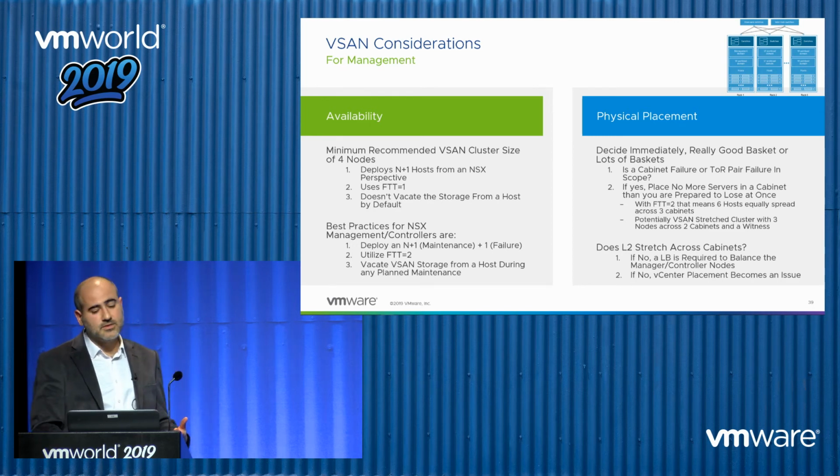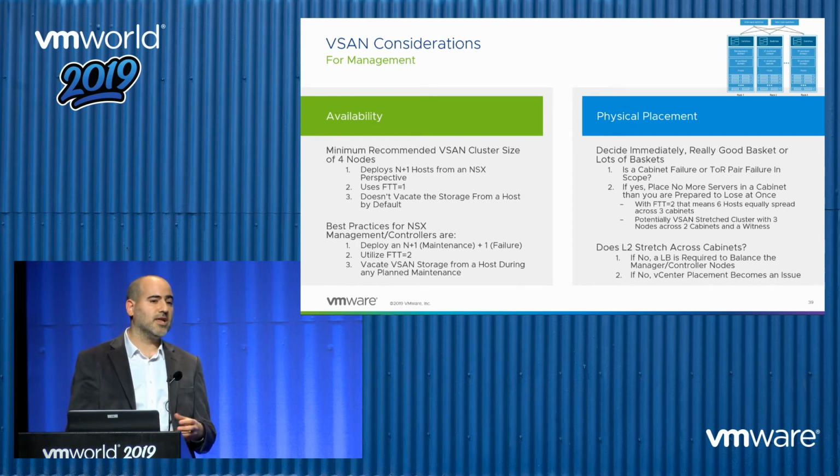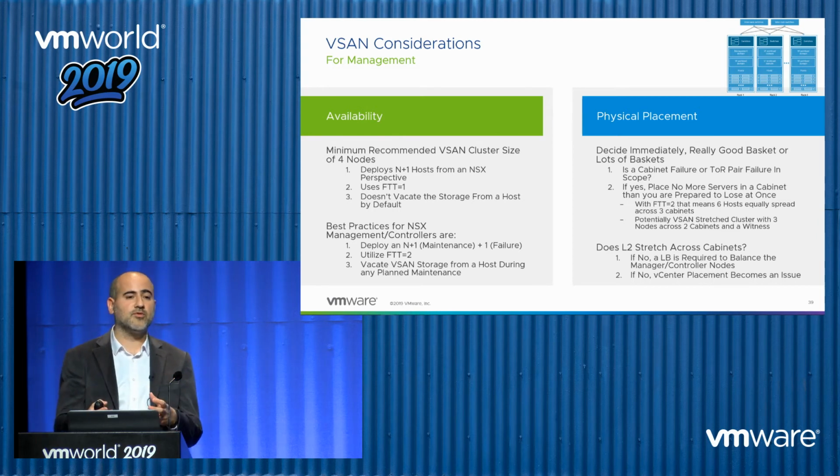The physical placement also becomes quite interesting, because you shouldn't place a certain number of ESX hosts into the same failure domain if the number of those ESX hosts is more than your FTT value.